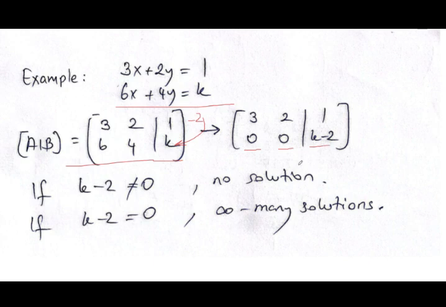Now notice that if this is 0, if this is also 0, I have infinitely many solutions. If k minus 2 is not 0, then that gives me a contradiction. So no solution for this system.